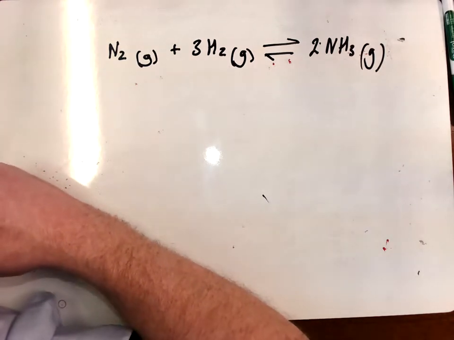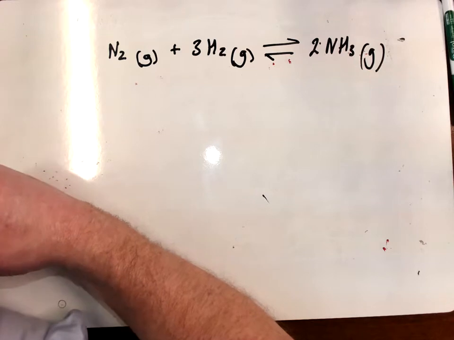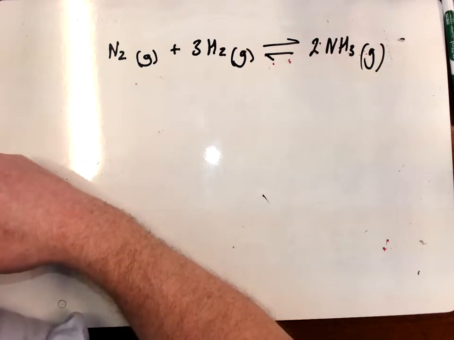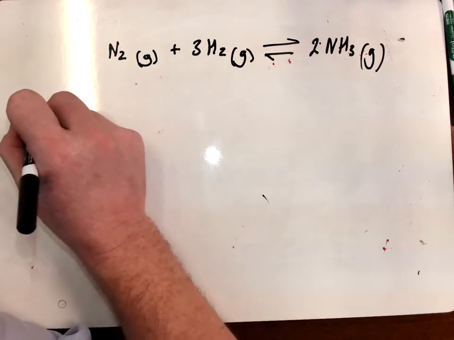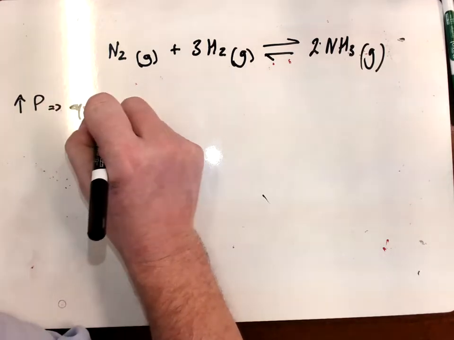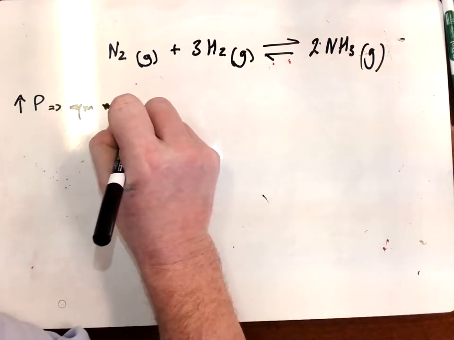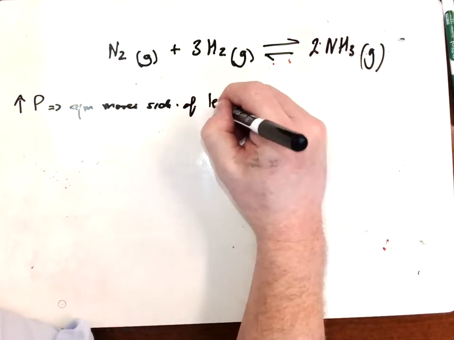And again, that's a term you have to know. Heterogeneous equilibrium would be where you have solids and gases, or solids and liquids, and things are in different physical states.